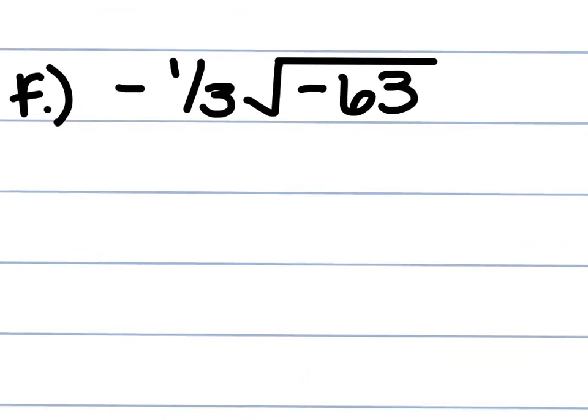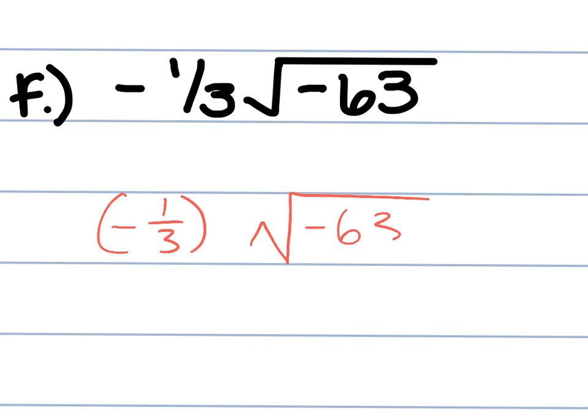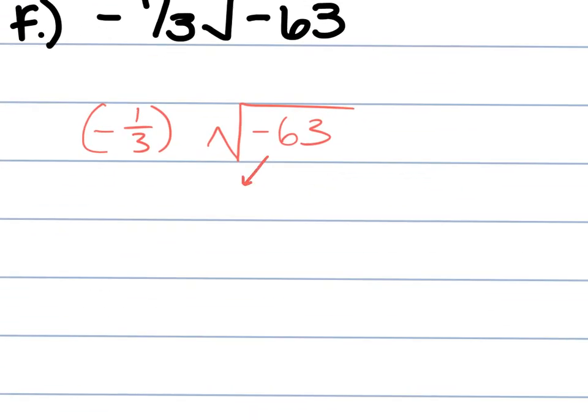Don't be intimidated by the fraction. There's a fraction there. It's negative 1/3 times the square root of negative 63. You split that negative 63 up to a square root of negative 1 times the square root of 63. Good.